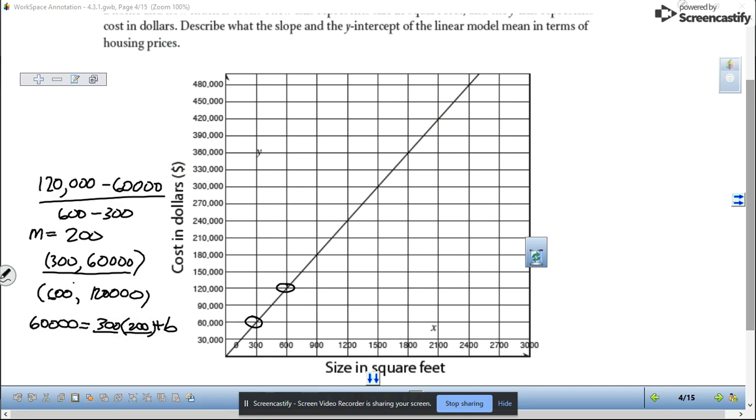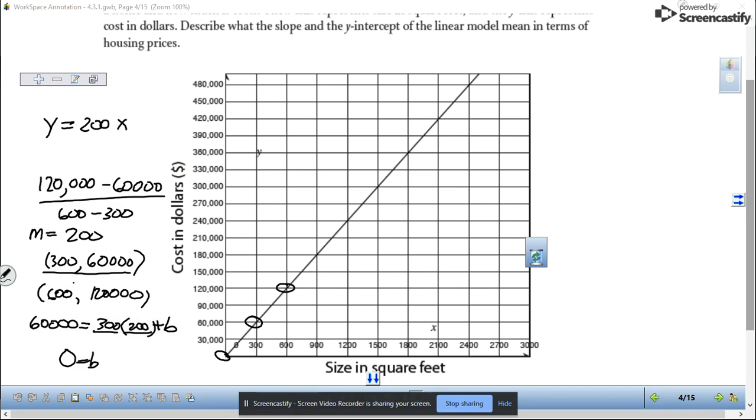And what you're going to find after you solve that is b is equal to 0, because that'd be 60,000, and you subtract 60,000 on both sides, and you can kind of already look to see that, but you get the idea. So our equation for this then would be y equals 200x, and the question is, what does that mean?